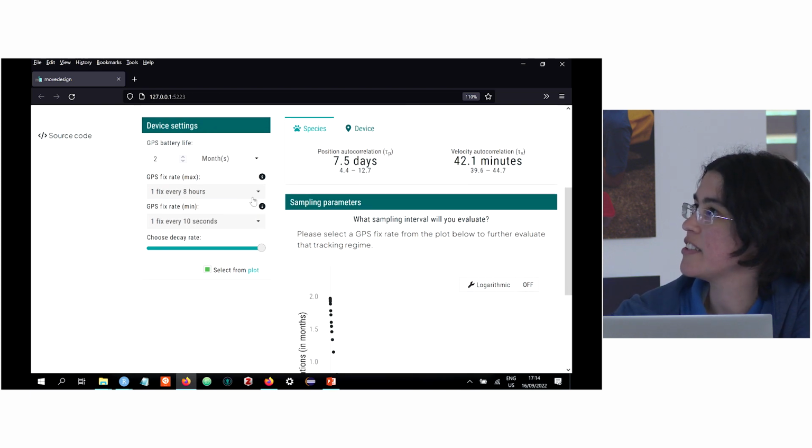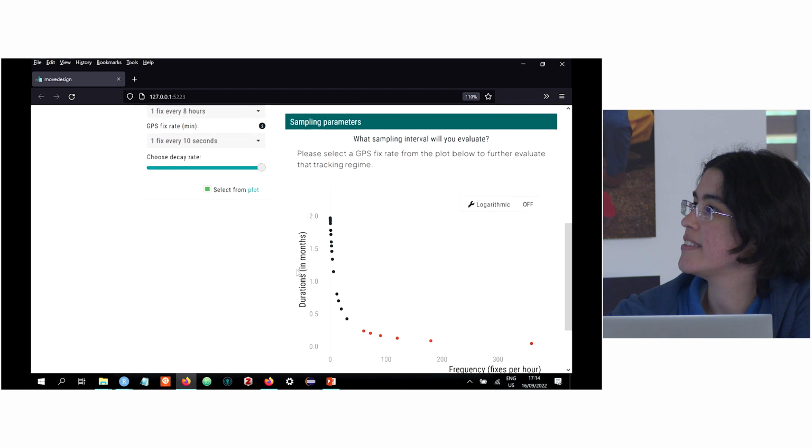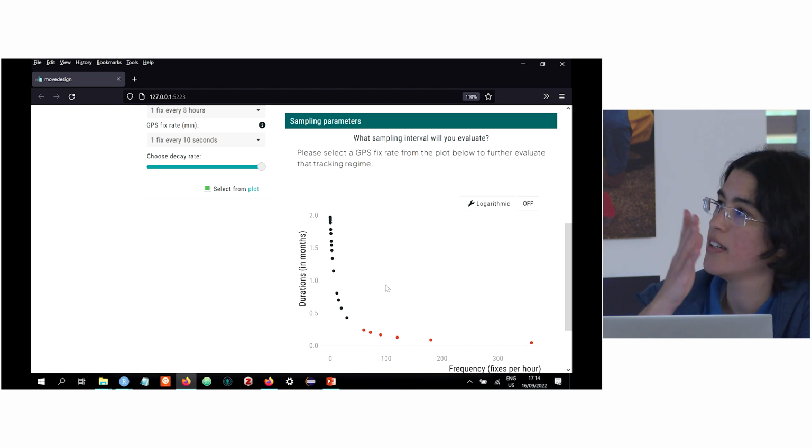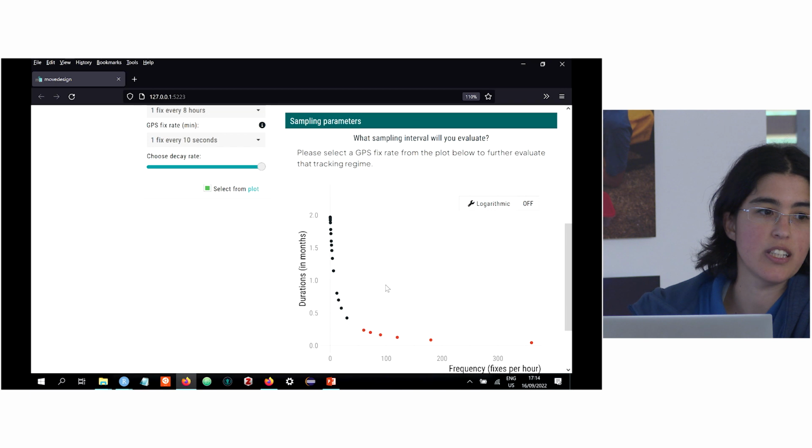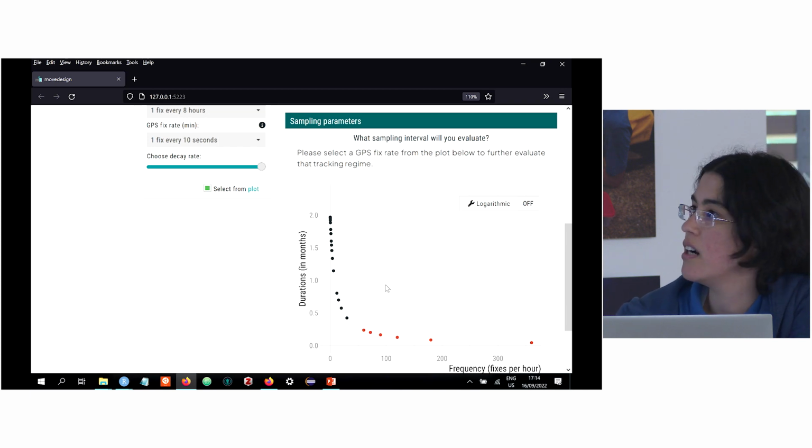And this is basically just information to create this curve that I already showed before, right? The trade-off between the duration that we get from a device versus the sampling frequency that we might get out of this device. This is, however, a simulation of this process. It's not like there's a specific model of device that you can buy that will follow this curve.